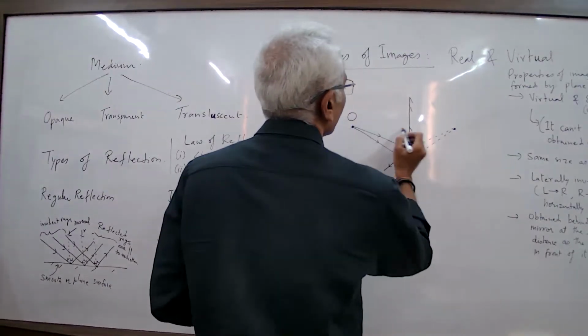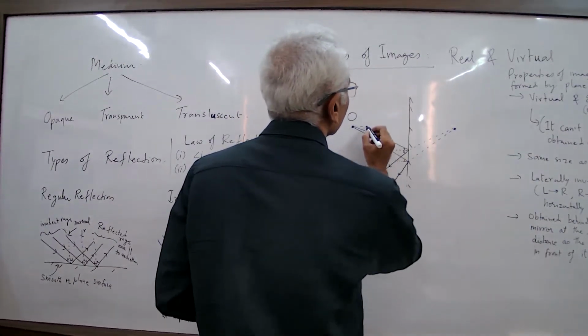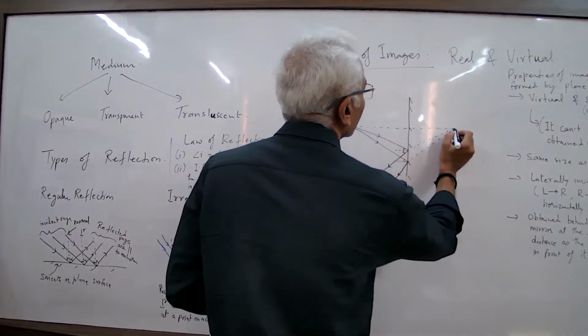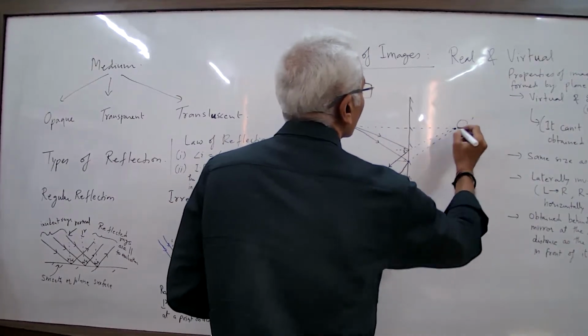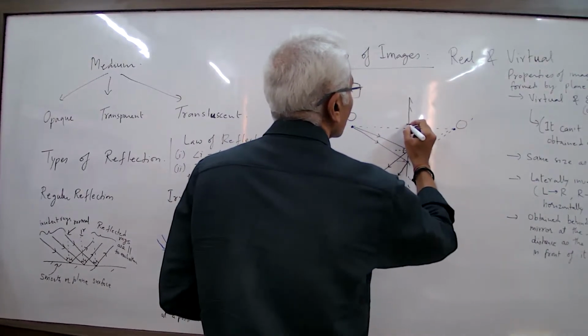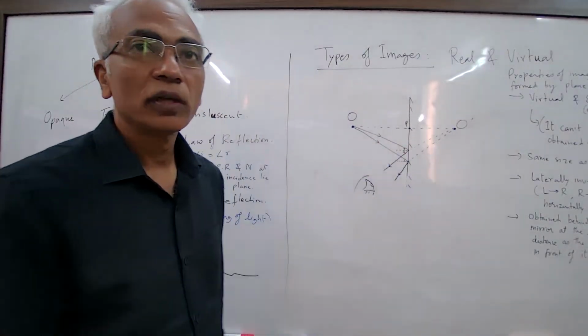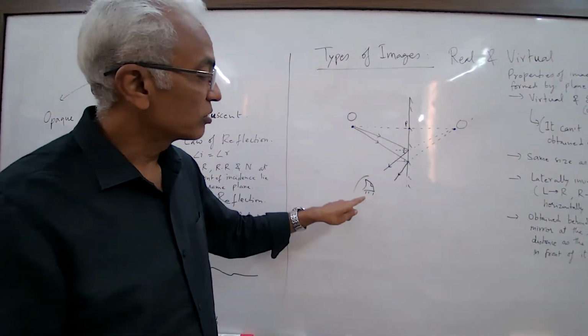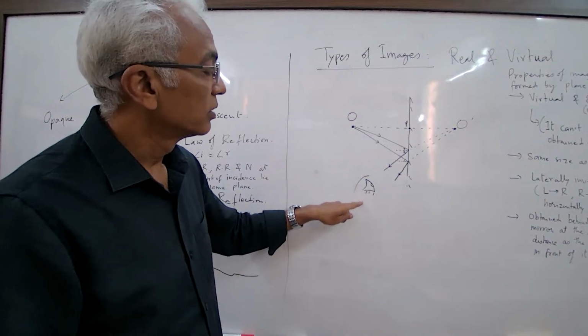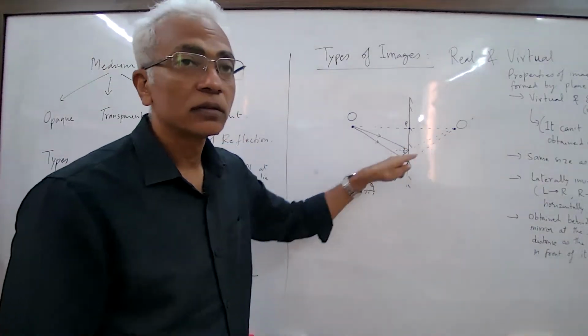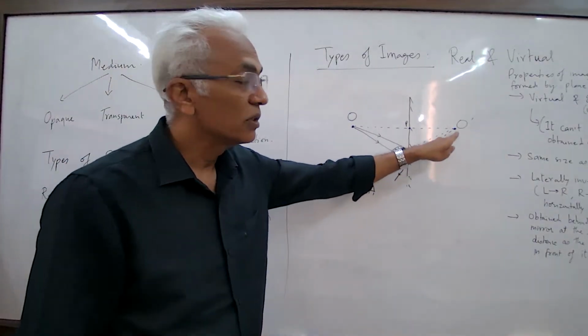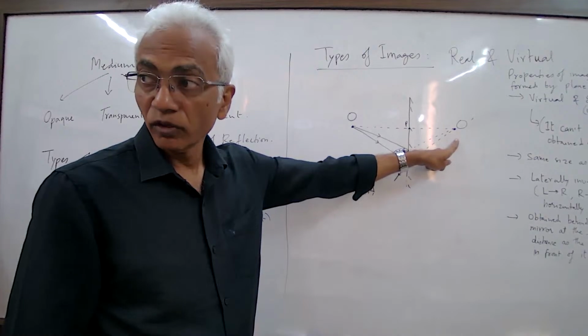Okay, so when you measure this distance, you'll find that OP is equal to U dash. So what this observer feels is that these rays are coming from here. So this is where the image is formed.